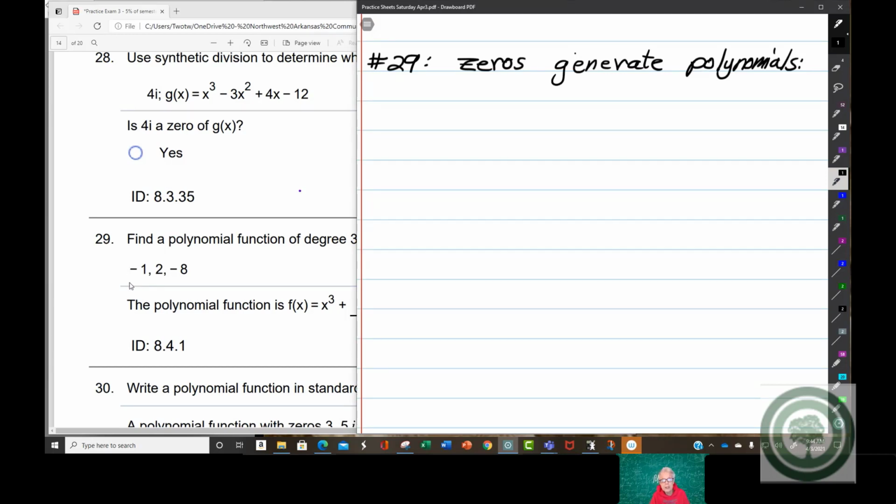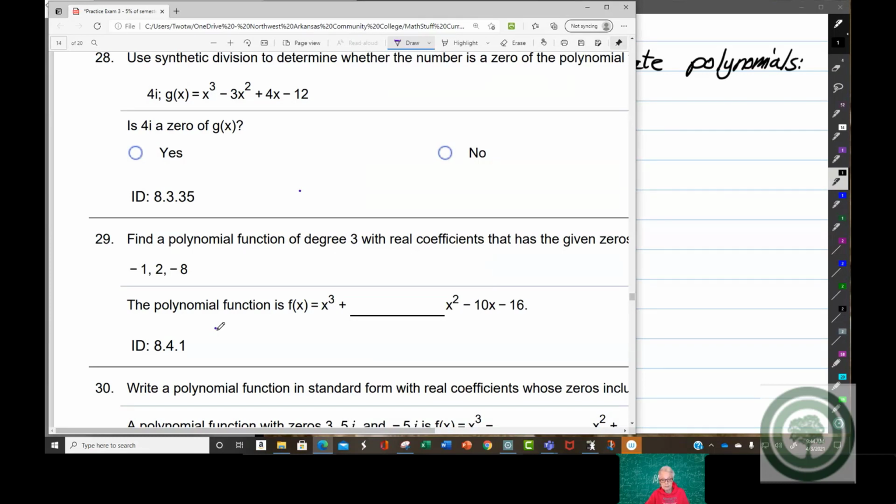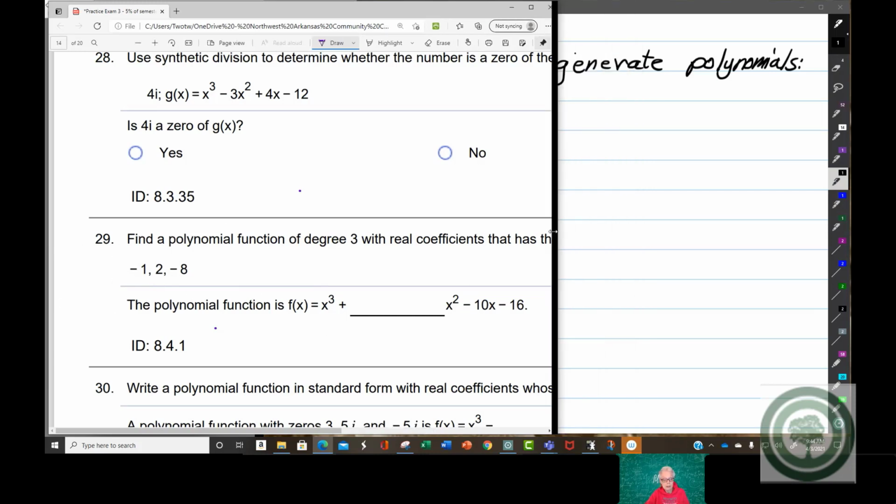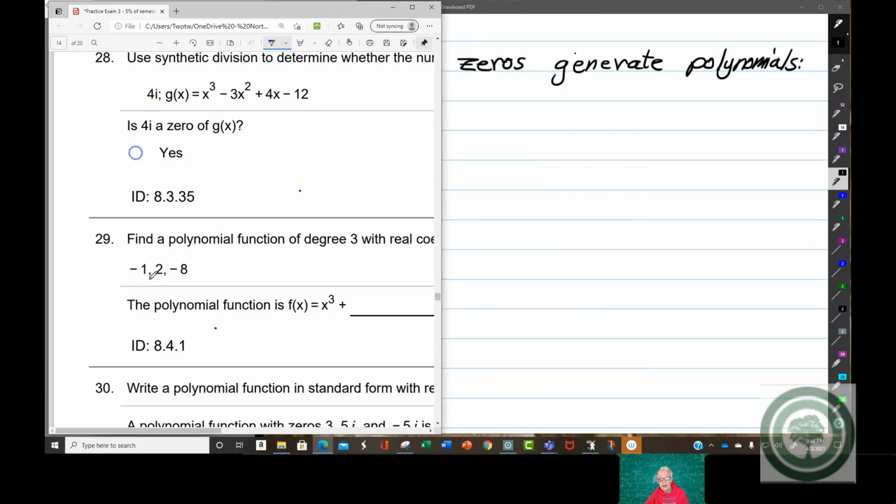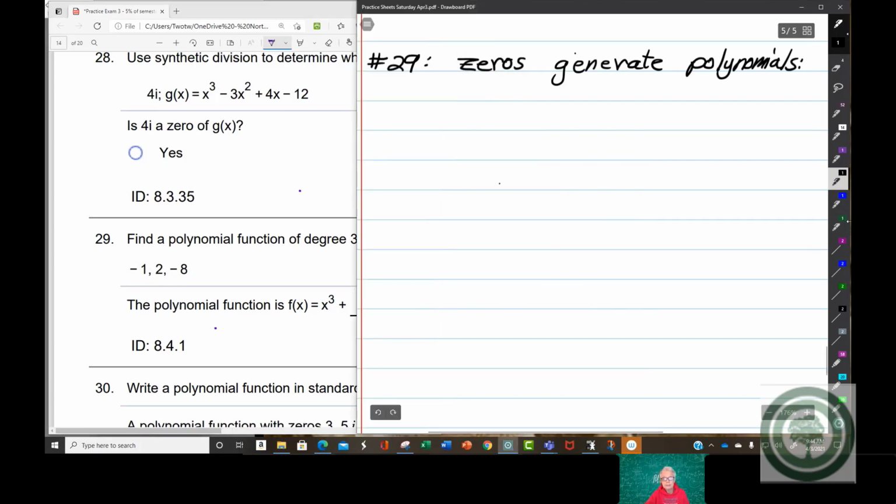Find the polynomial that gets generated from them. And it's also clear that they expect us to assume, because we don't know that from the beginning, that the leading coefficient is 1. Doesn't have to be.